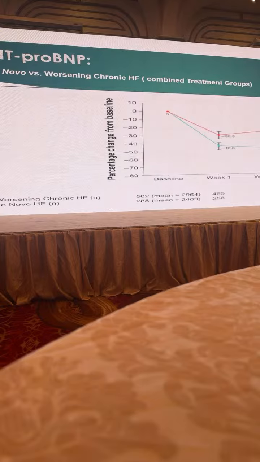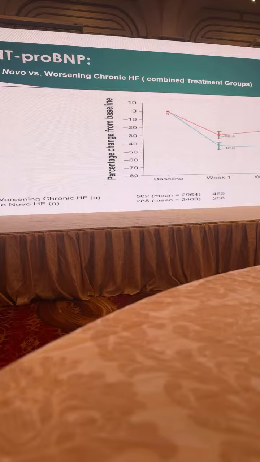Lastly, not least, and I think this is one message for everybody: when you treat a patient with recent heart failure, meaning de novo, they improve much more quickly than chronic. So if you are the cardiologist, when you see a de novo patient, manage the patient quickly to recover.